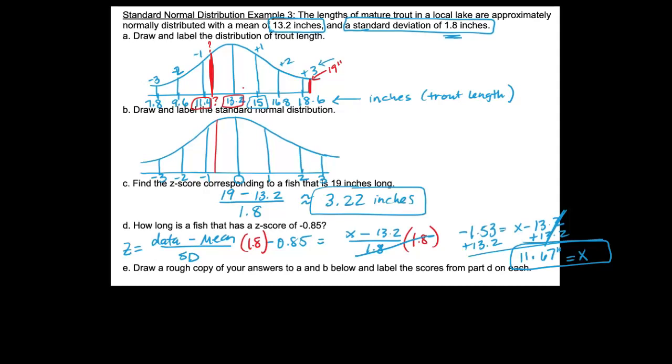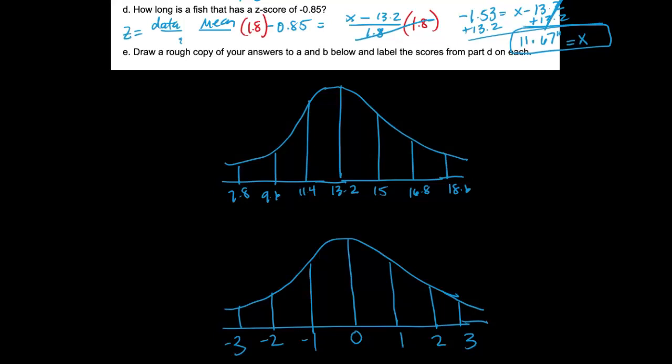And then part E asked us to draw a rough copy of your answers to A and B below and label the scores. And so let's go ahead and do that. All right, so what I did is I redrew the normal distribution with all of the trout lengths below on the x-axis. So I'm going to use this graph to show where a trout with a length of 11.67 would go.